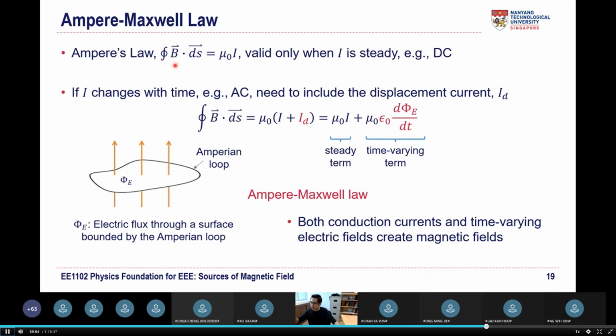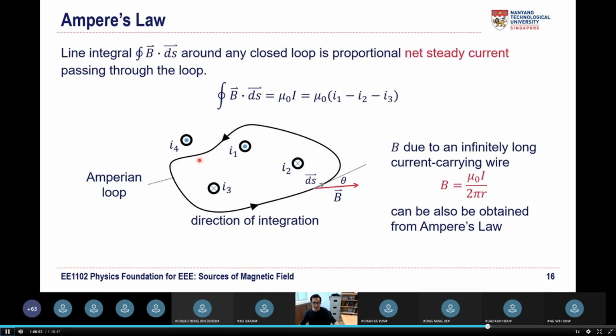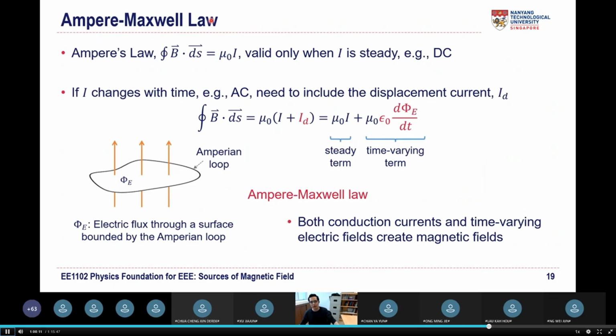If we do a line integral of any Amperian loop or closed loop, the integral will be proportional to the net steady current that is enclosed inside that Amperian loop.